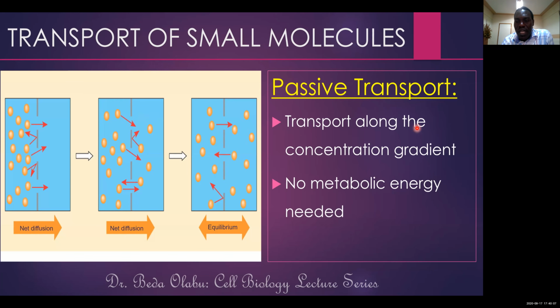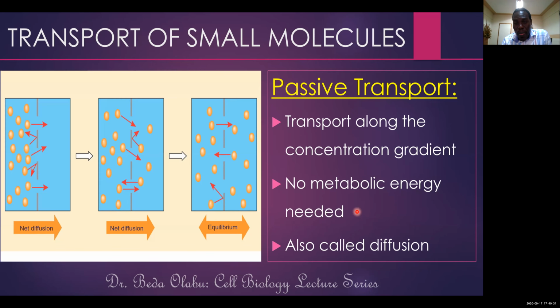So in passive transport, metabolic energy is not really required because the movement is along the gradient. This is also called diffusion. This is what we call diffusion in high school.